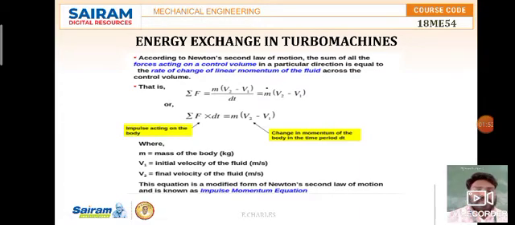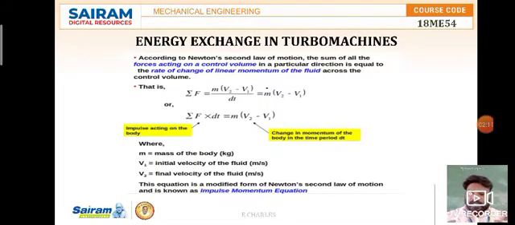What Newton's second law says is that the sum of all the forces acting on a controlled volume in a particular direction is equal to the rate of change of linear momentum of the fluid across the controlled volume. We have studied this already.